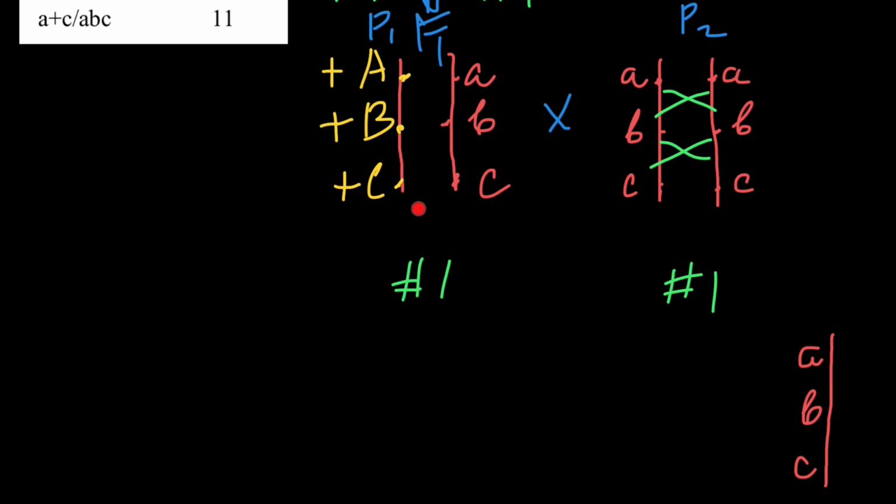But parent 1 would produce many more different variants due to crossing over. The first variant would be, what if crossing over is not going to happen? Then we will have two variants. So one would be, now let me change capital A, capital B, and capital C with pluses.